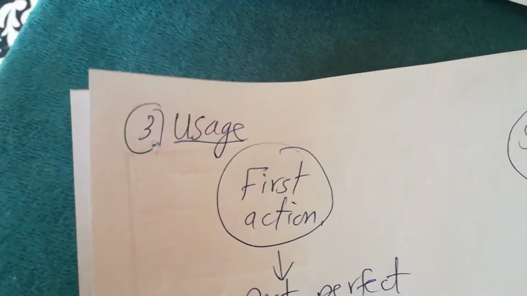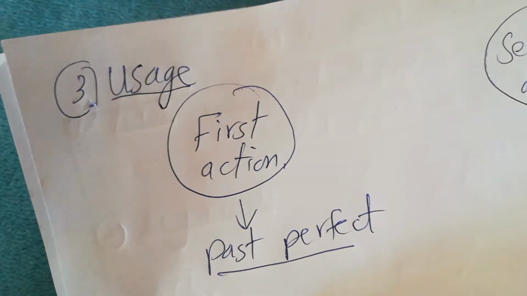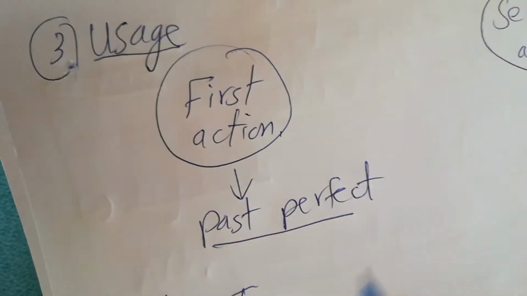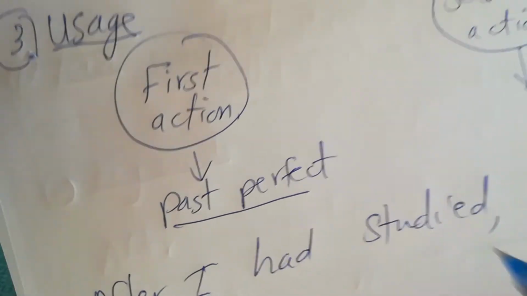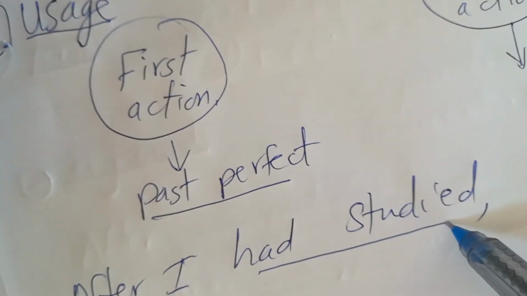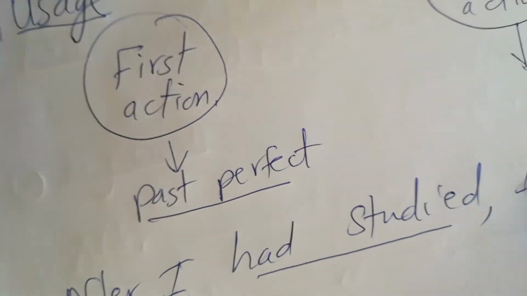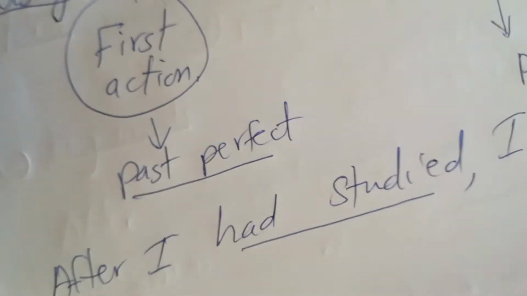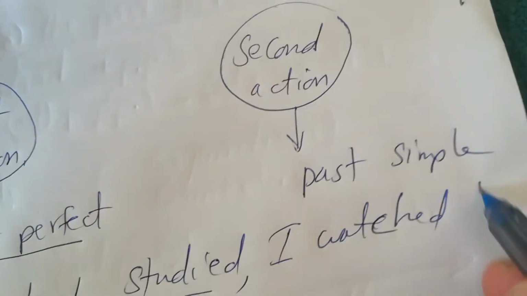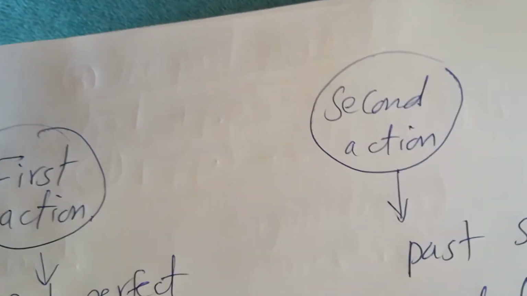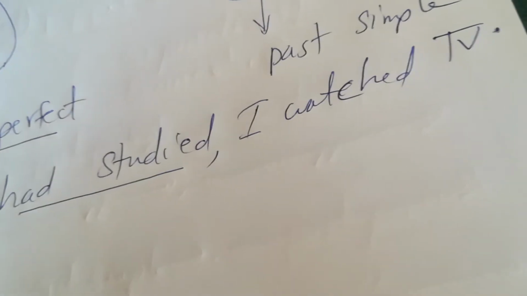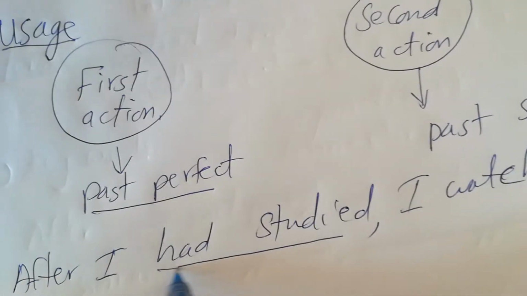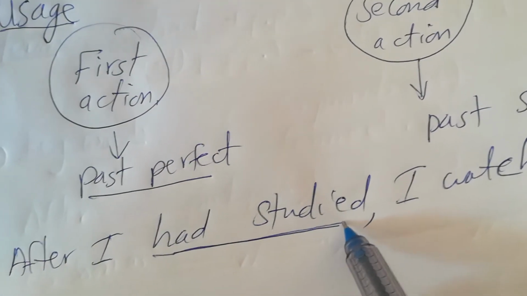For example, I say, after I had studied, this is first, after I had studied, I watched TV. What did you do first? Did you study first or did you watch TV first? No, I say here, I had studied first.